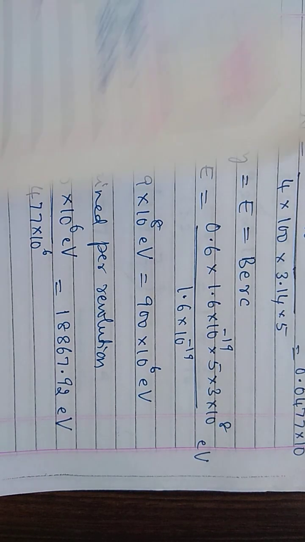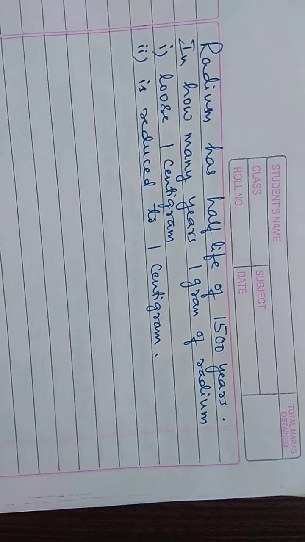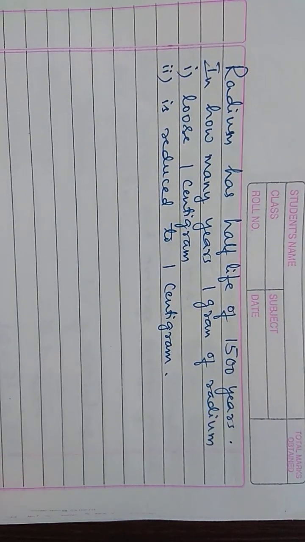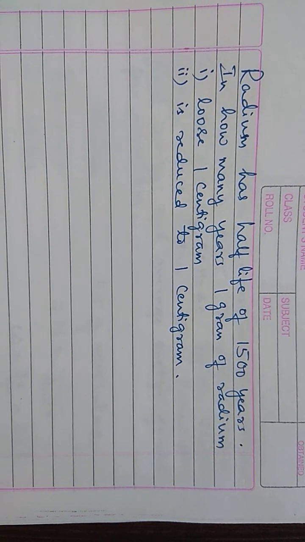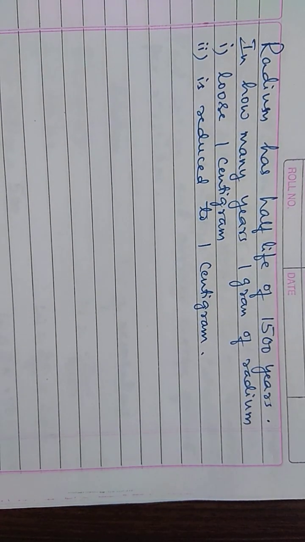Next problem. This is the problem taken from radioactivity. Radium has a half-life of 1500 years. In how many years does 1 gram of radium lose 1 centigram?